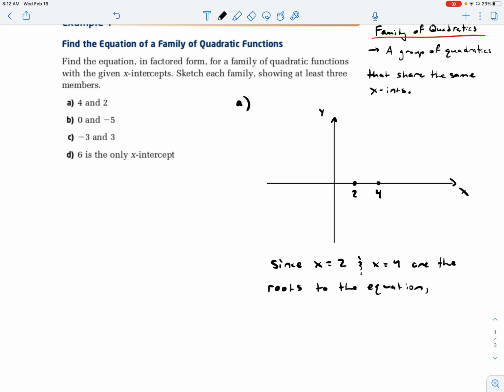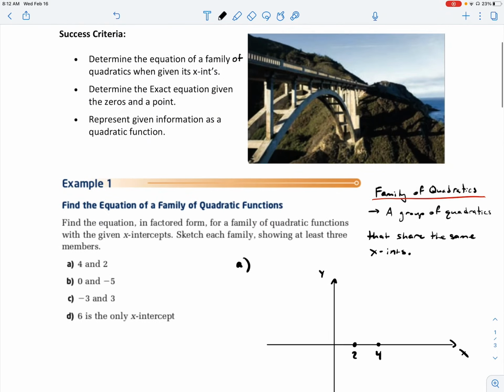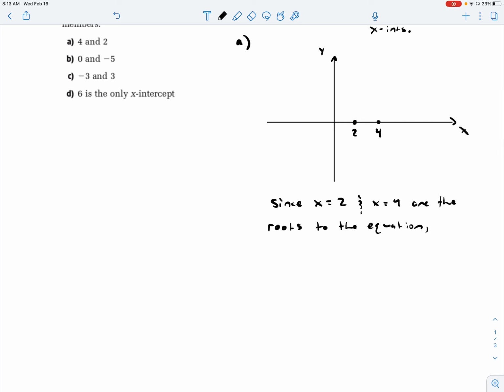If they're the roots, then that just means we can find the factors. So the factors of the function must be x minus 2 and x minus 4.